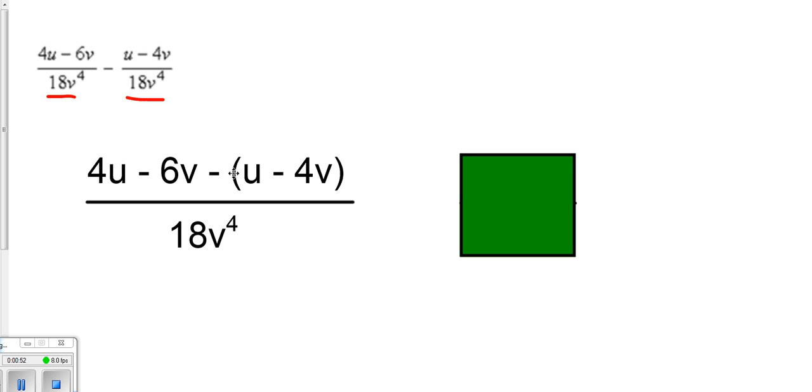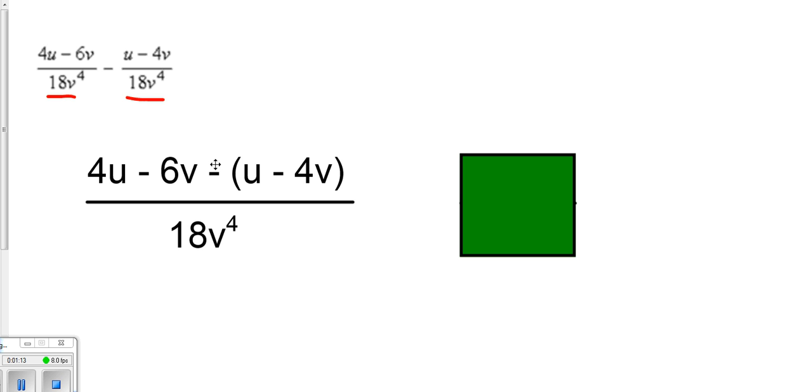So it's going to look something like this as our new rational expression with our common denominator of 18v to the fourth. This is not a simplified numerator yet, though. We've got 4u minus 6v minus this whole thing, u minus 4v.